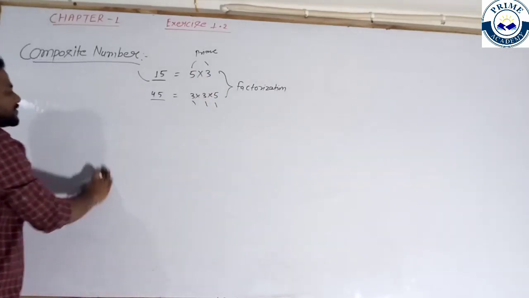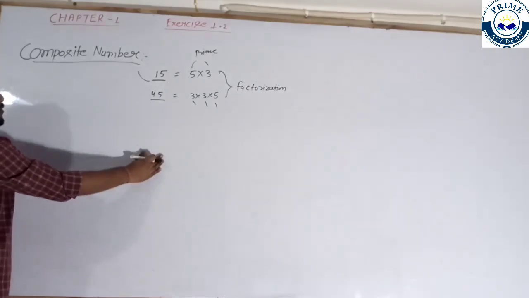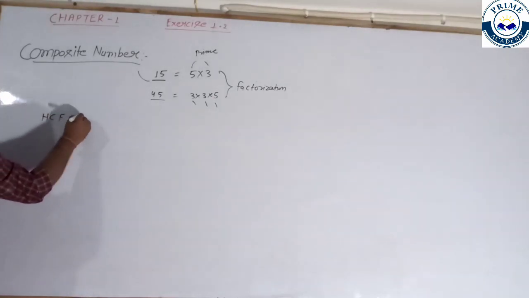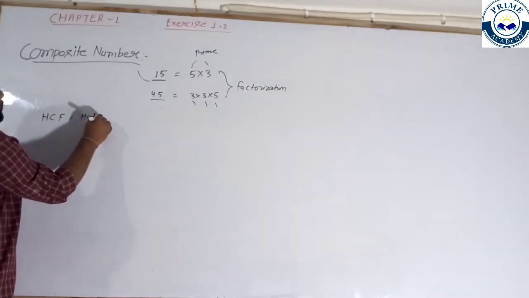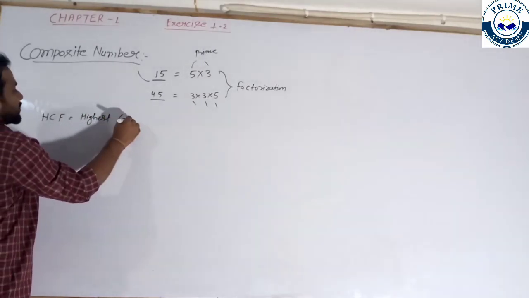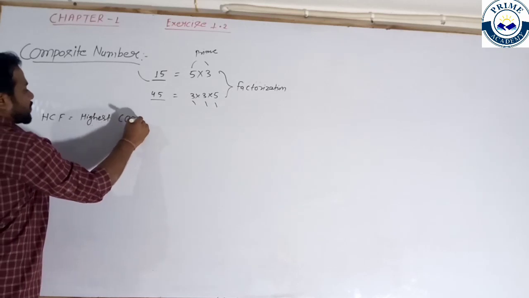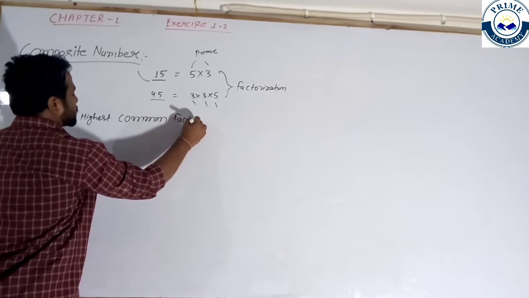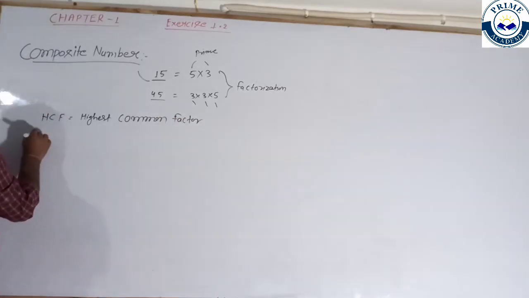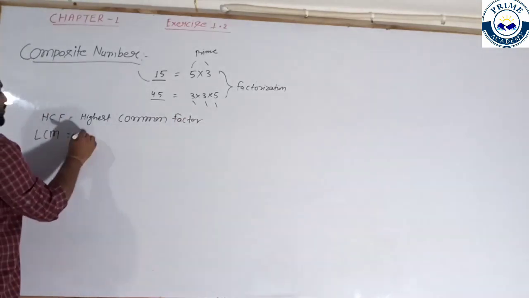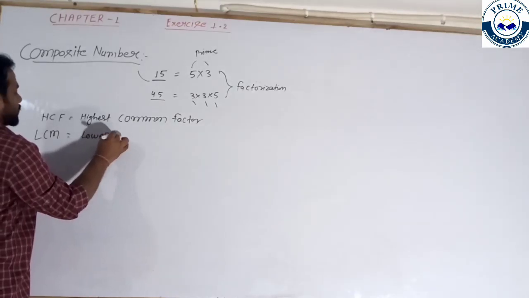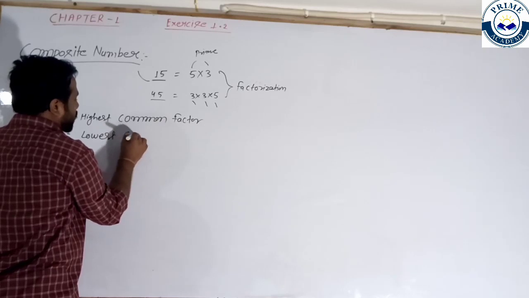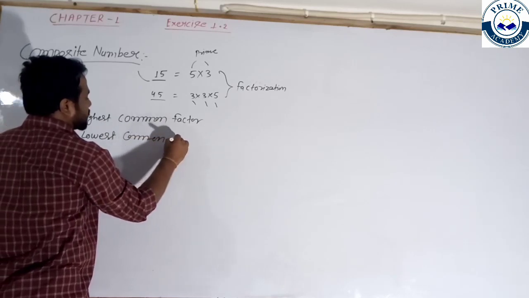One more thing you have to learn: how to calculate HCF and LCM. HCF means highest common factor, and LCM is lowest common multiple.